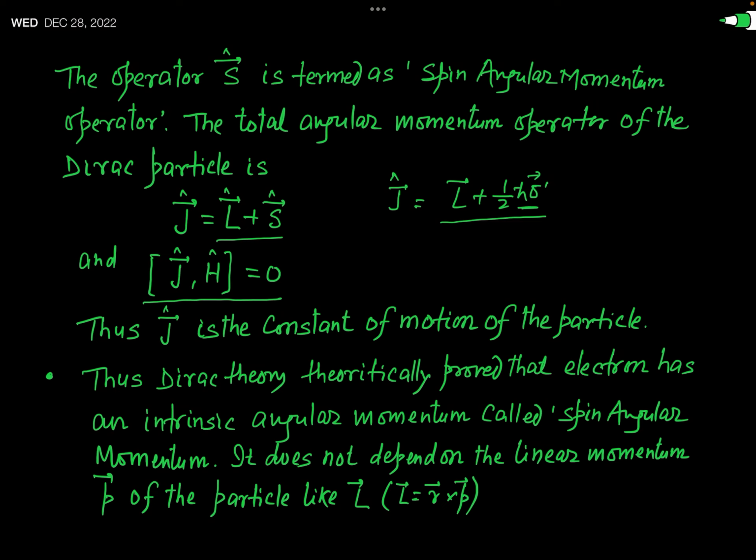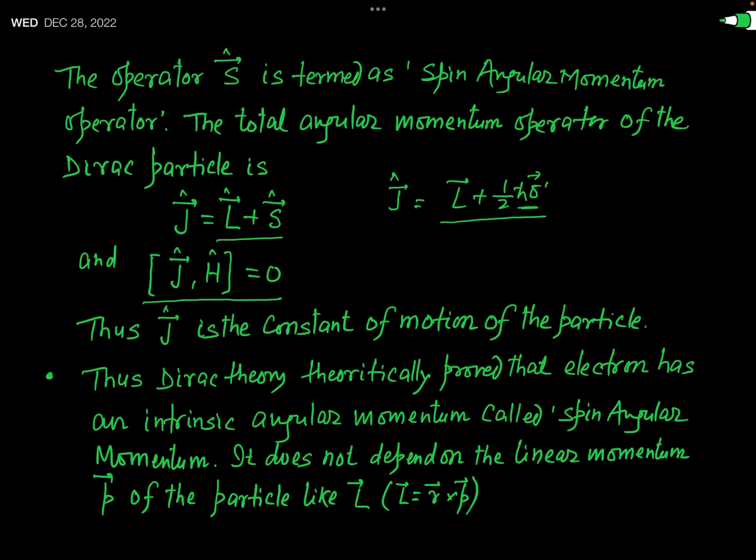This S is recognized as the spin angular momentum, which was hypothetically proposed by Goudsmit and Uhlenbeck. So this Dirac theory gives a theoretical foundation of the spin hypothesis of Goudsmit and Uhlenbeck.